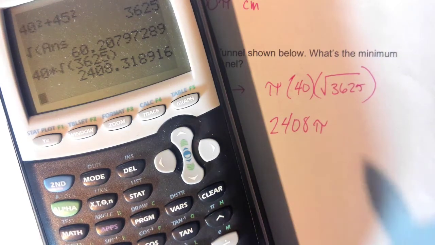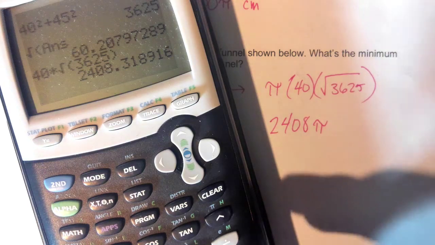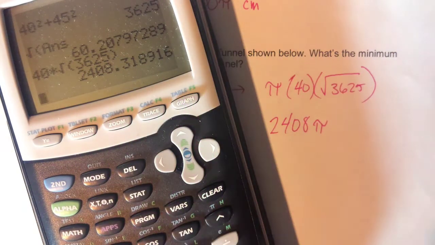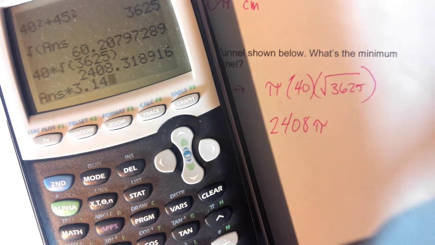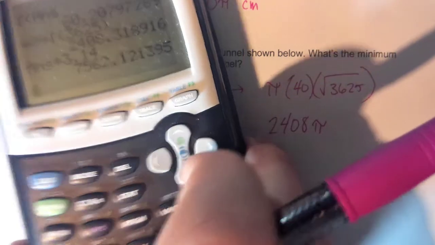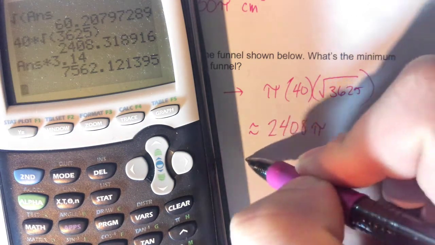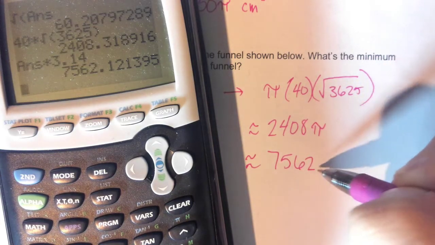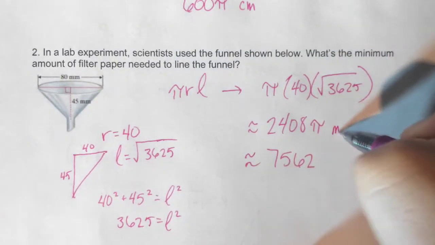And then if I were given to use 3.14 for pi, I would not use 2408 pi. I would use this decimal number and then times it by 3.14 or pi if they want the pi button. Rounded to the nearest whole number, it would be 7562. Both of these, by the way, are square millimeters.